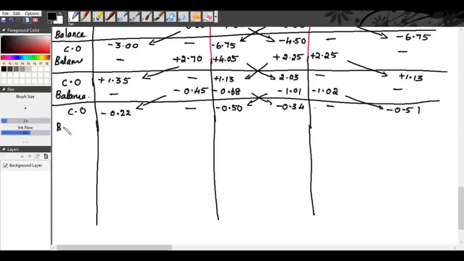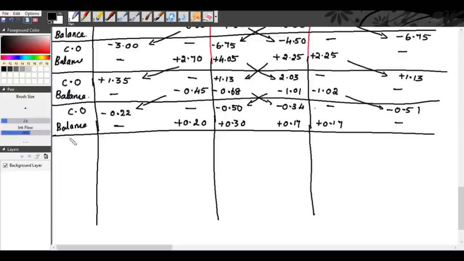Okay, now we will go for balancing. We get plus 0.20, plus 0.30, plus 0.17, plus 0.17. Now once again we will go for carryover, the next iteration, that is carryover and balance.